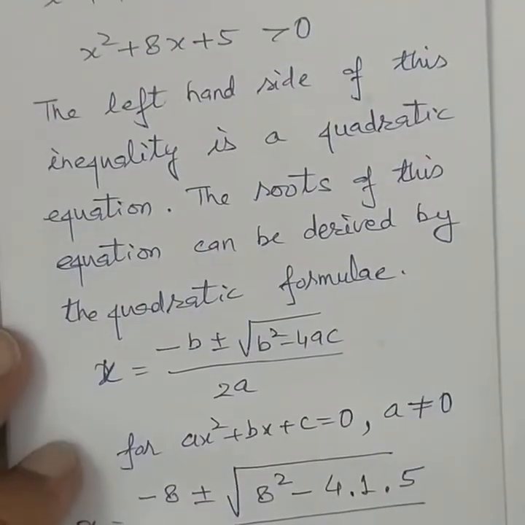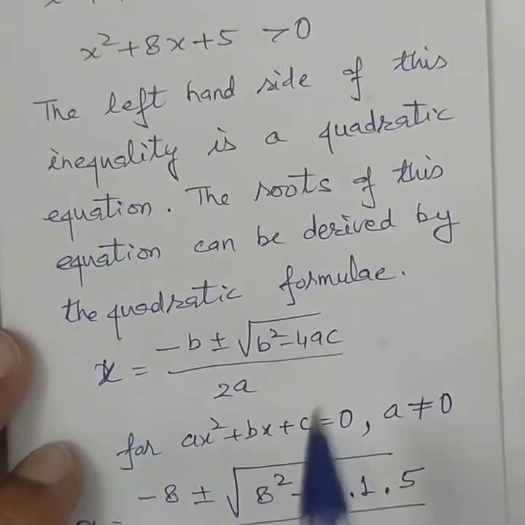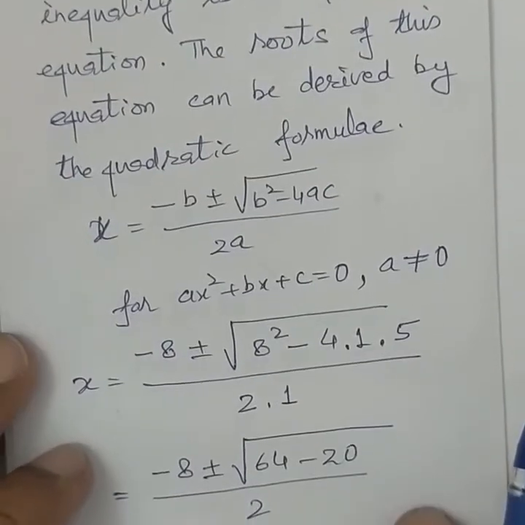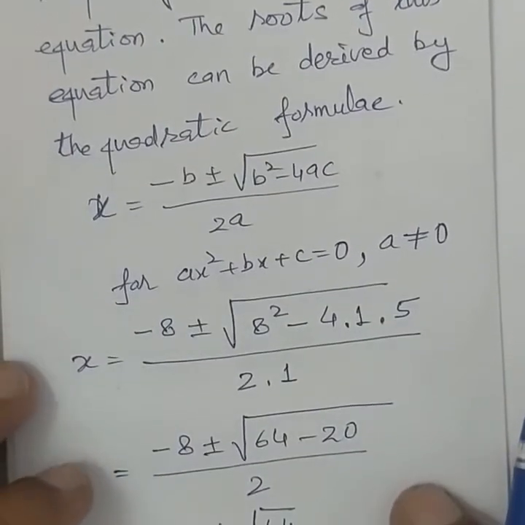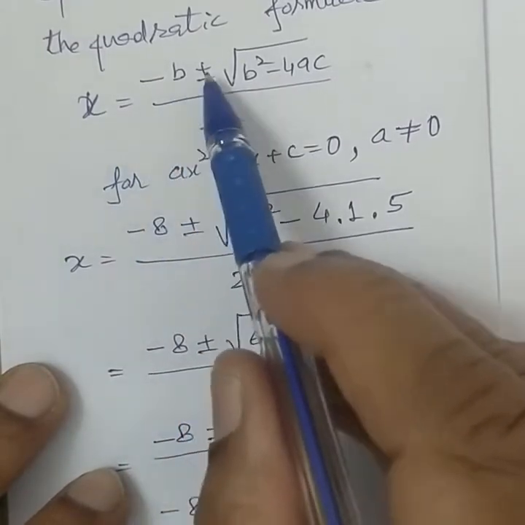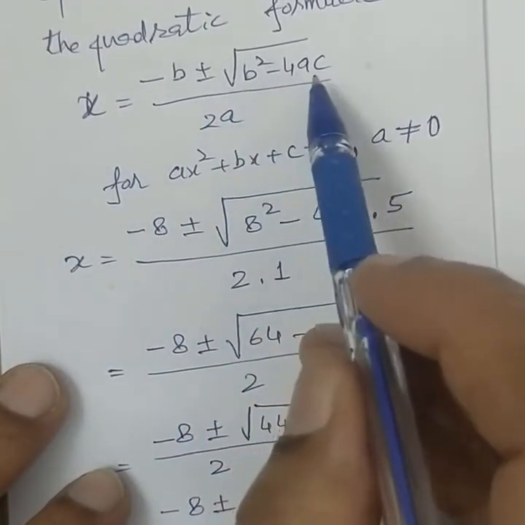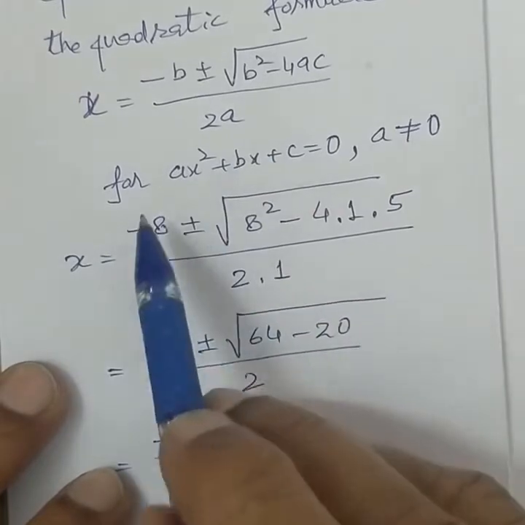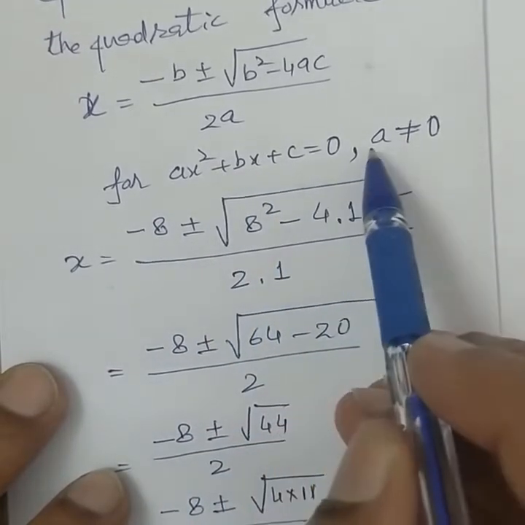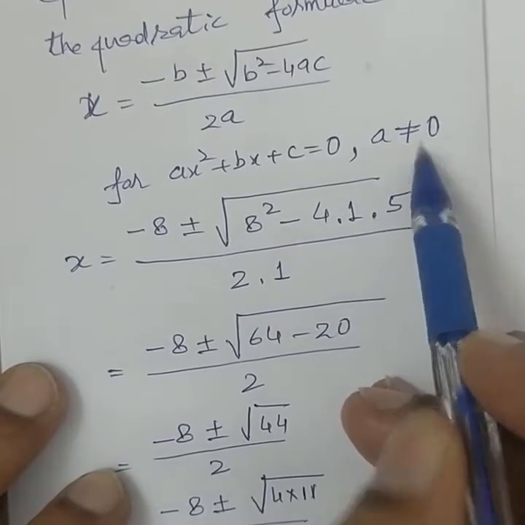The left hand side of this inequality is a quadratic expression. The roots can be derived by the quadratic formula. The quadratic formula is x equals minus b plus minus under root b square minus 4ac upon 2a, for ax square plus bx plus c equals 0, where a is not equal to 0.